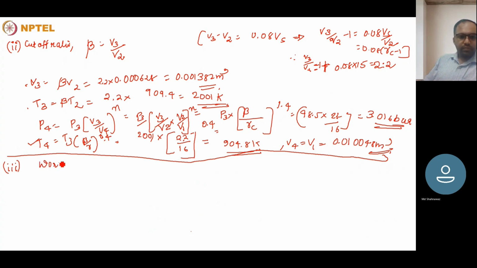W is equal to Q1 minus Q2. This is the heat supply.